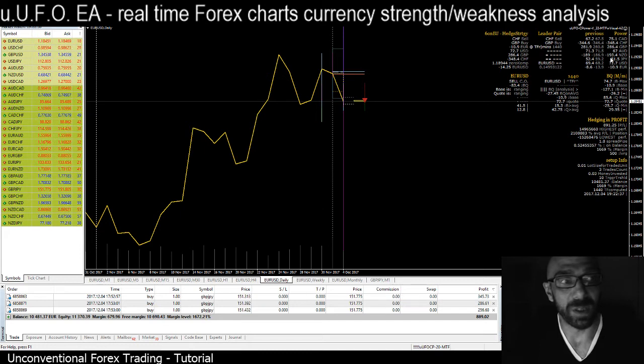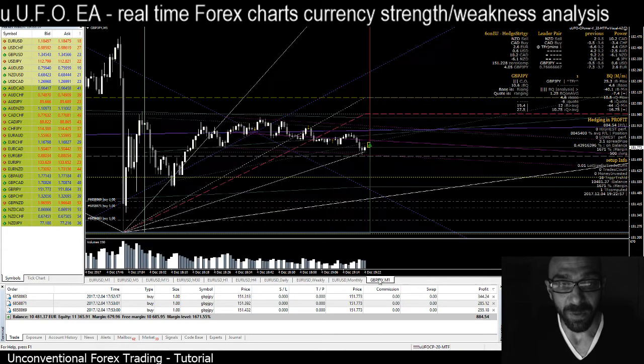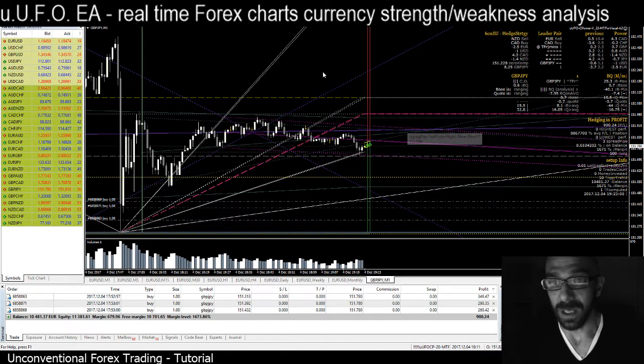This was not the situation in the morning. In the morning and in the afternoon, GBP was the strongest currency, and it is still the strongest, but it was about 350 in value, and Japanese yen was negative. Therefore, I focused on trading GBP Japanese yen.